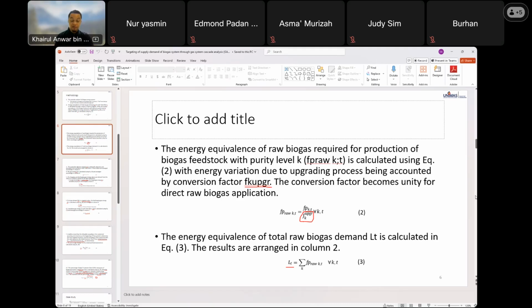So the FPKT is coming from equation 1, but F upgrade is coming from table 2. So for table 2, you can refer to the average upgrading loss factor F upgrade. We have raw biogas and upgraded biogas. So for raw biogas it is 100%, no loss, but for the upgraded biogas there is some loss, 25.2%.